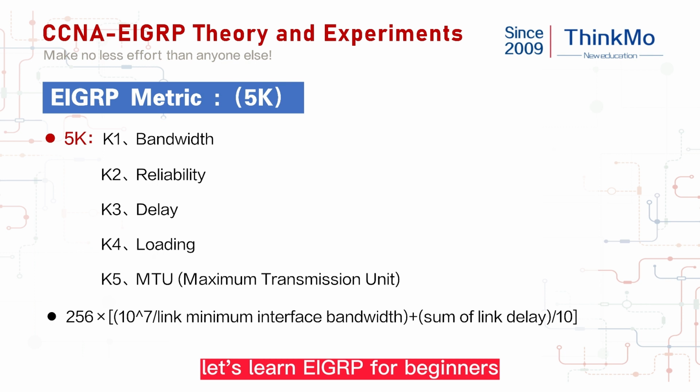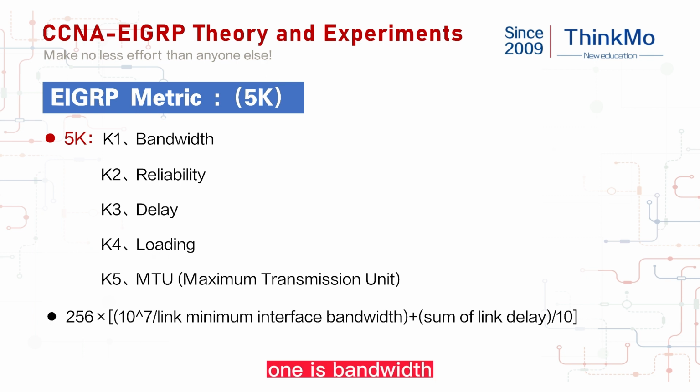Let's learn EIGRP for beginners and only focus on 2: one is bandwidth, one is delay. Usually we often don't think about reliability, load, and MTU. For OSPF, just refer to the bandwidth. EIGRP can reference 5 options. If we refer to bandwidth, then this one is 1. If we refer to delay, then it is 1.